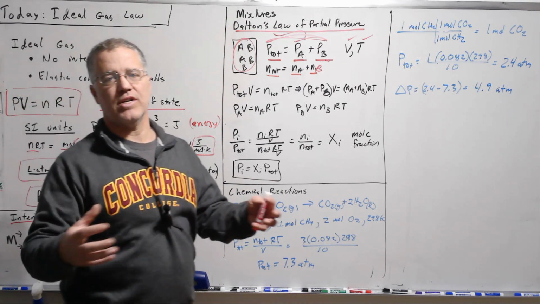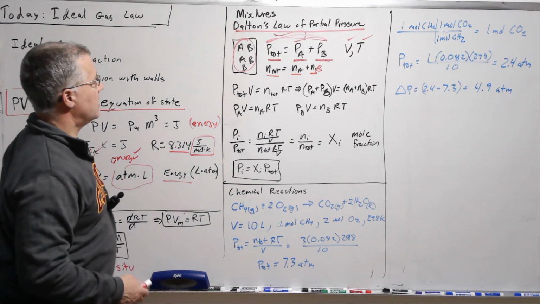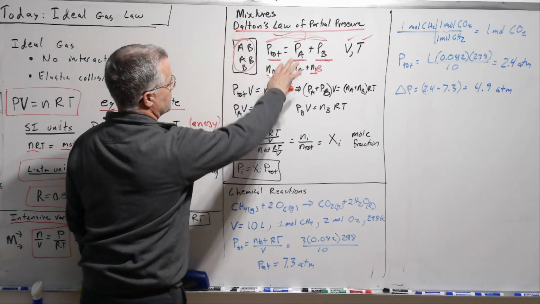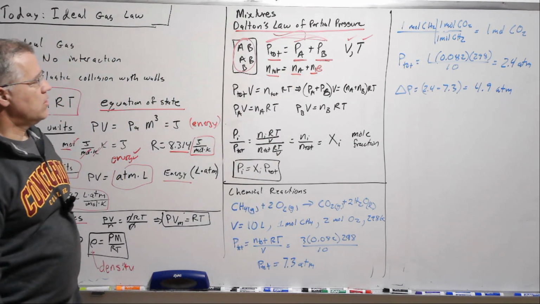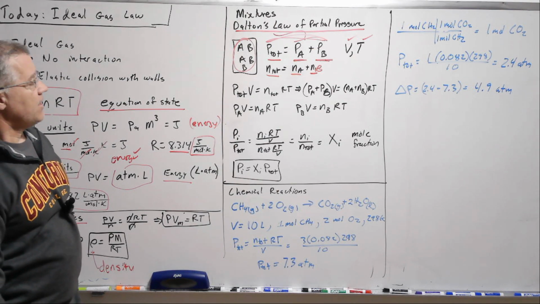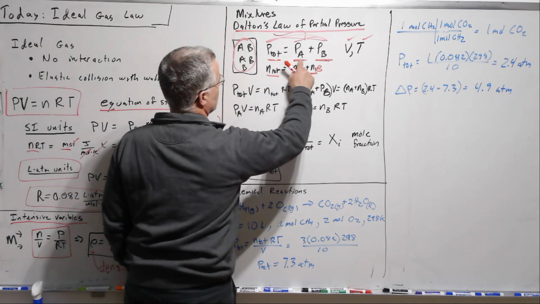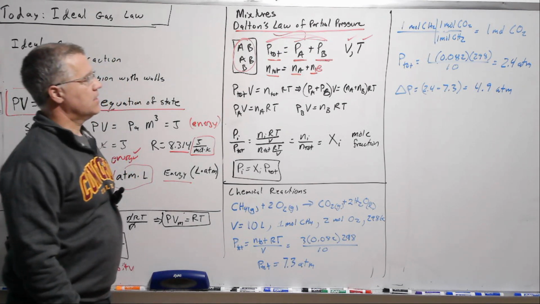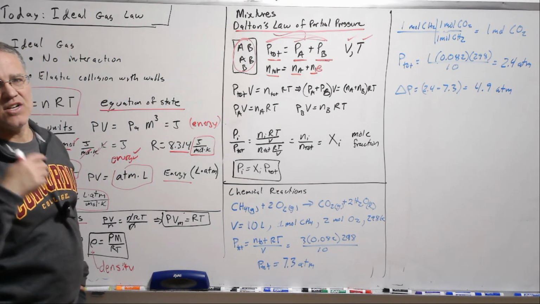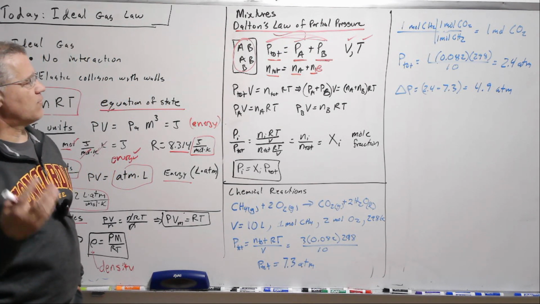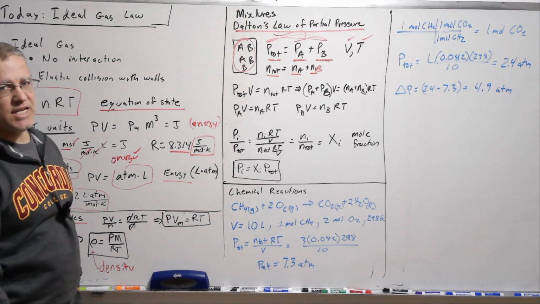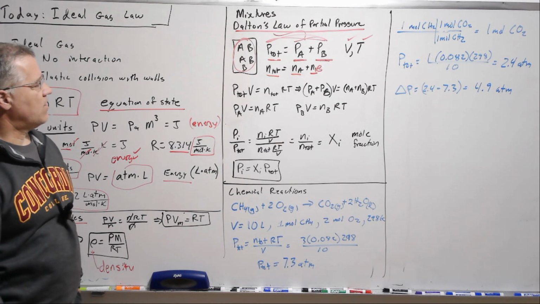And if there is no interaction, then we will have no dependence on that. Thus, the total pressure must be the sum of the partial pressures. So it's not a proof, but it's one way to rationalize Dalton's law of partial pressures based on what it means to be an ideal gas.